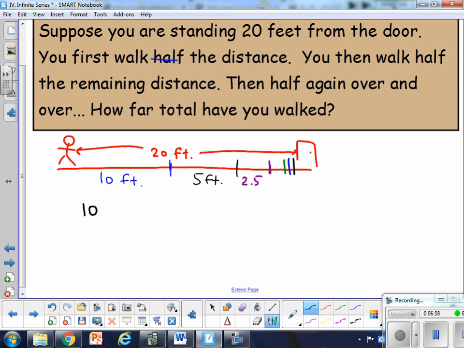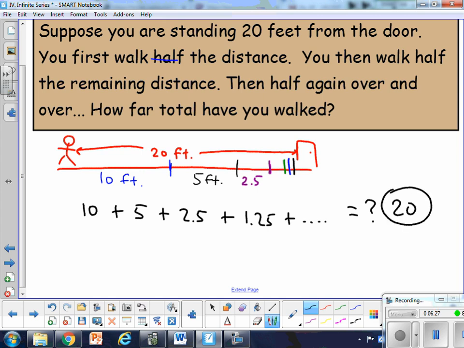So the idea is, if we were to add these lengths together, half of that's 1.25, and just keep going forever, would it actually add up to something and have a sum? And the answer is yes, it should add up to the 20 feet, shouldn't it? So it actually does. That's an infinite number of terms, and it does have a sum, and I want to talk about how we could find that.